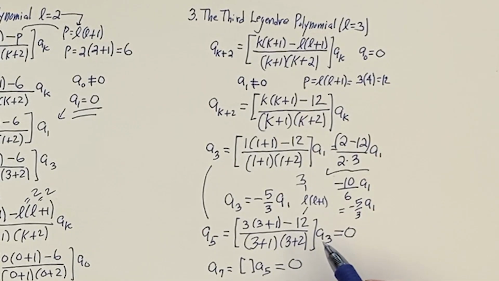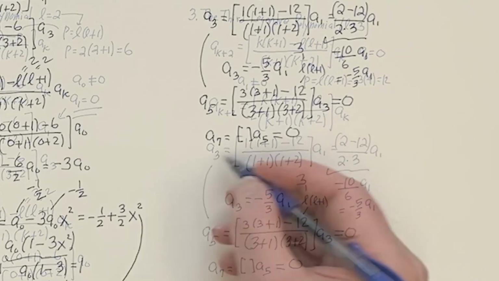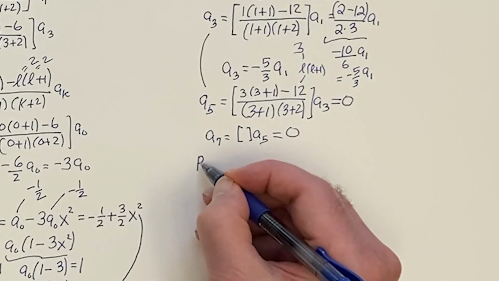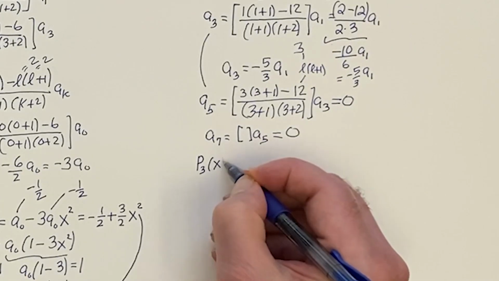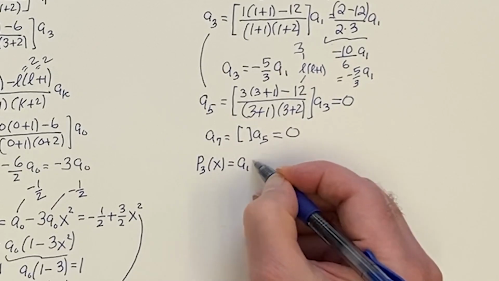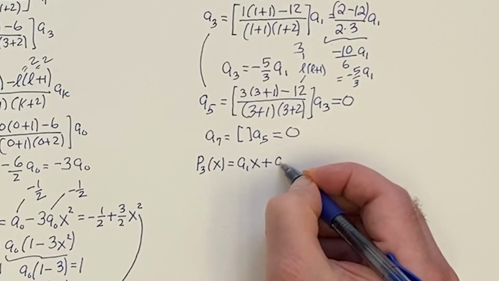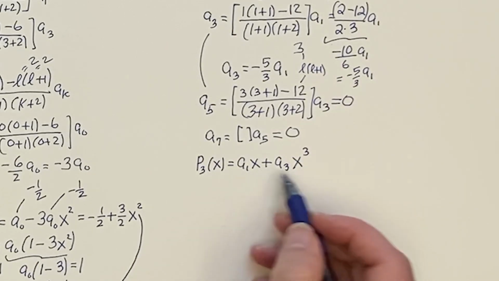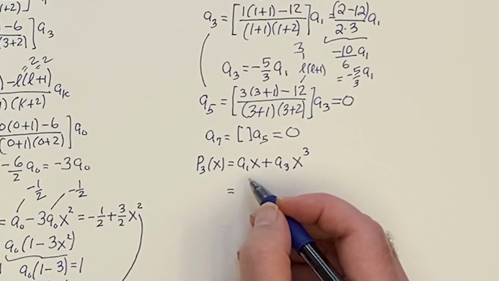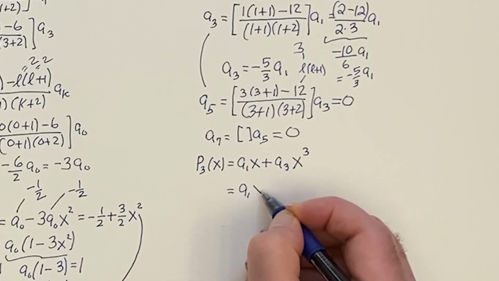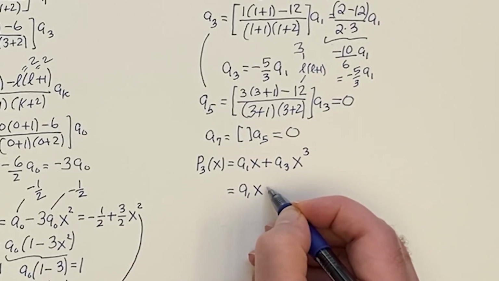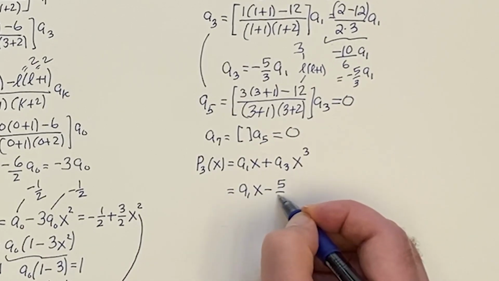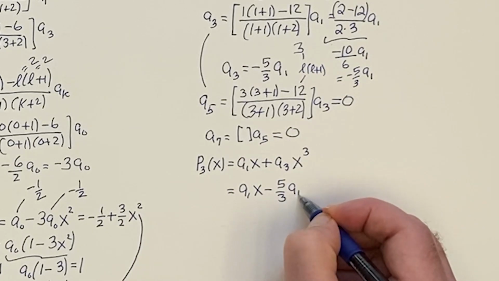We already have terminated. Okay, so that means that the third Legendre polynomial, which is A1, just to remind ourselves that if you have an A1 and an A3, you got this. And here, the A1 will be determined by when we put in the 1 for the x. This A3 is minus 5/3 A1.